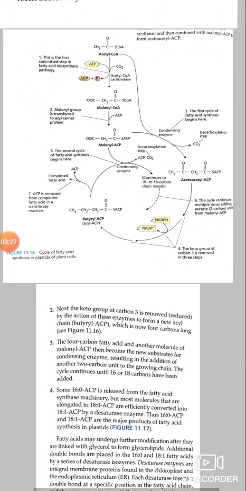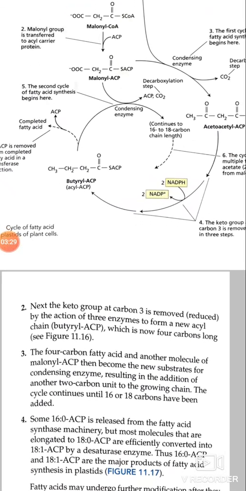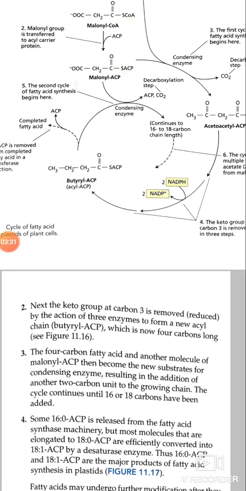In the second step, the keto group at carbon 3 is removed by the action of 3 enzymes to form a new acyl chain, which is now 4 carbons long.